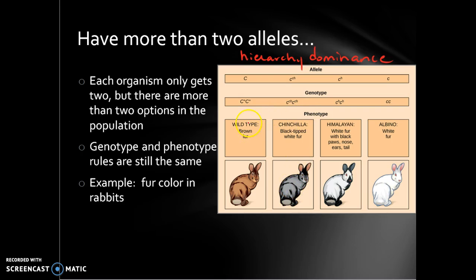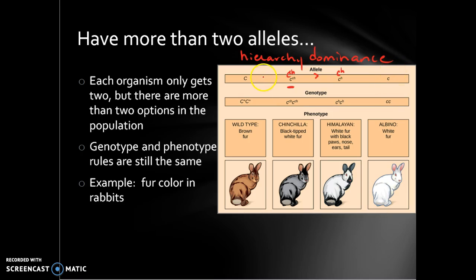That's recessive to the brown fur, but dominant to the Himalayan pattern, which is white fur with just dark points. The allele for chinchilla is indicated by a lowercase c with a superscript ch, and that's dominant to the c with a little h, which is the Himalayan pattern. And then there's also the white fur albino, which is the most recessive of all.